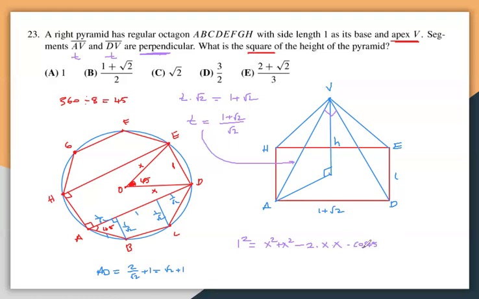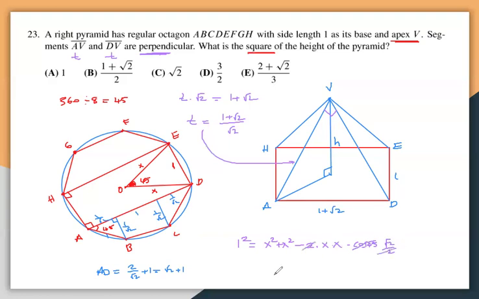If you don't remember cosine 45, you can always go with the 45, 45, 90 triangle. In this triangle, the hypotenuse is x root 2. So cosine will be x divided by x root 2, which is 1 over root 2, or root 2 over 2. So you can replace this with root 2 over 2.